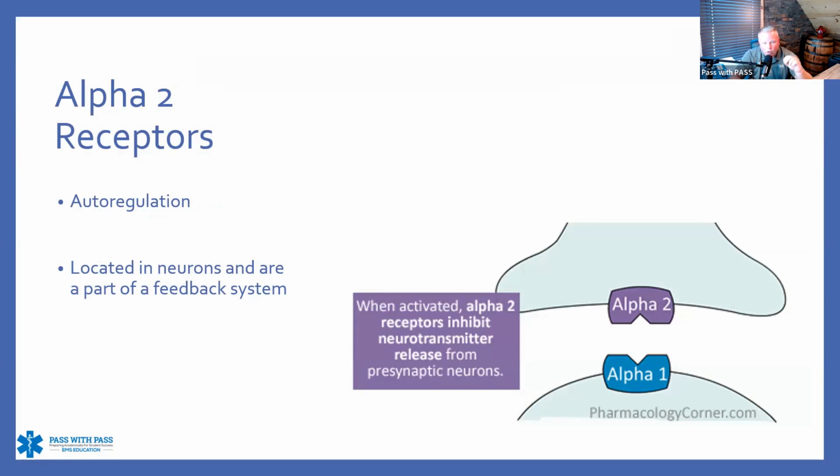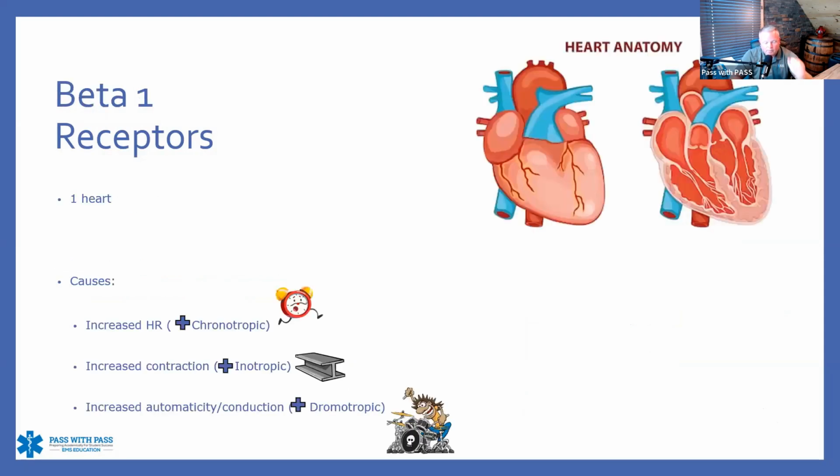So the whole goal here is these alpha 2 receptors are actually going to work on lowering blood pressure through the mechanism that I mentioned just a few minutes ago. So as I told you before, it's a little counterintuitive because alpha 1 is getting the squeeze and alpha 2 is actually what is giving you a little bit of vasodilation and therefore the ability to treat some of the hypertensive patients that you may encounter.